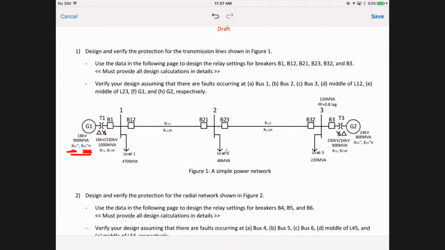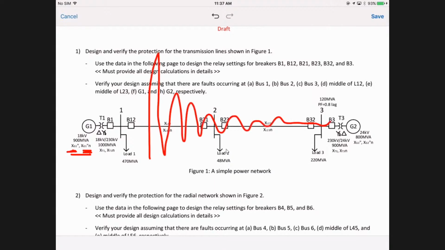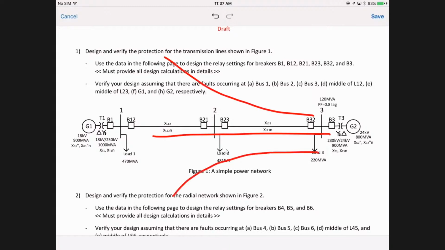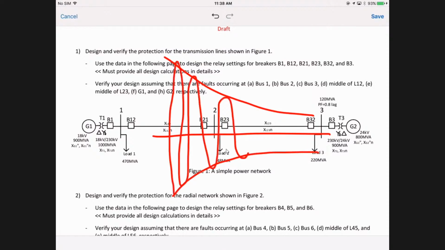When there's a fault, the current will go like this. In general, we just make an ideal case, and then it comes back to steady state.